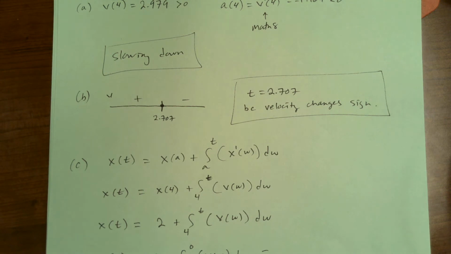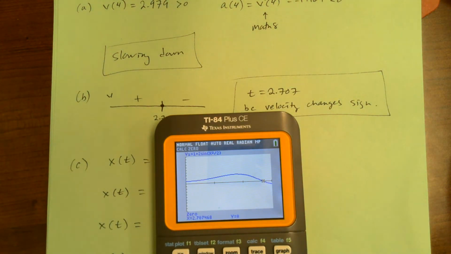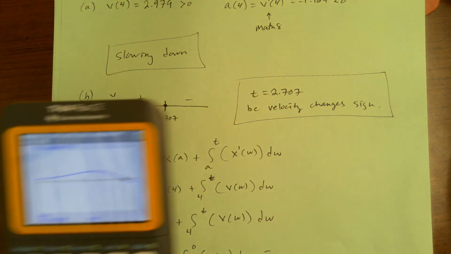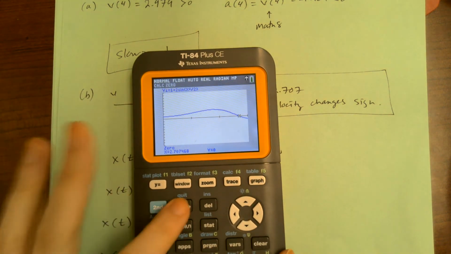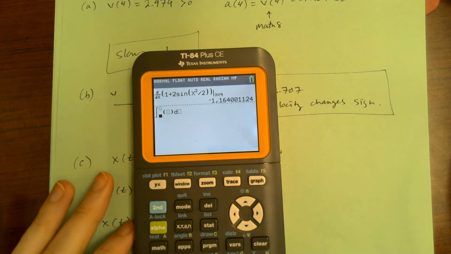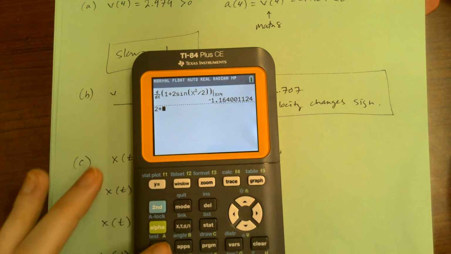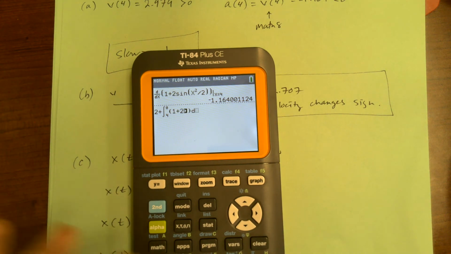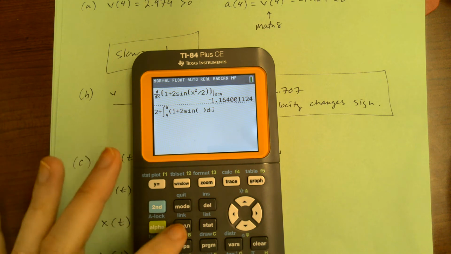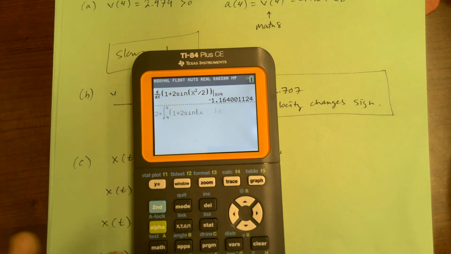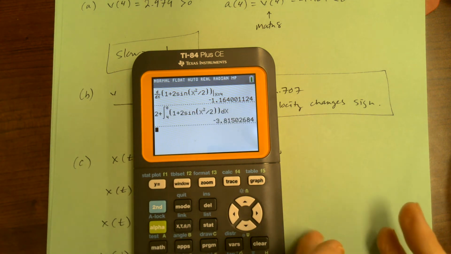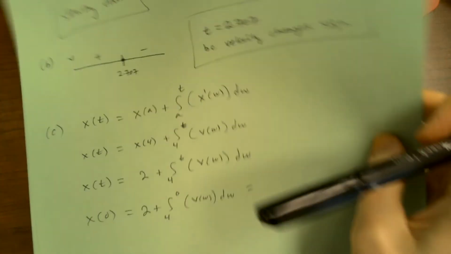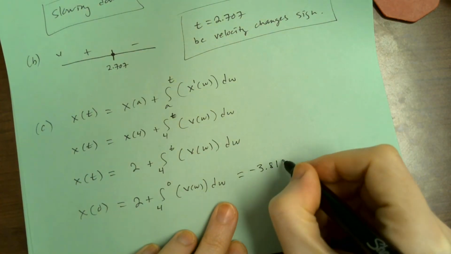Okay, I turned the lights up. Way better. So 2 plus Math 9 from 4 to 0, and then I'm just typing the velocity in there. 1 plus 2 sine. Okay, negative 3.815.